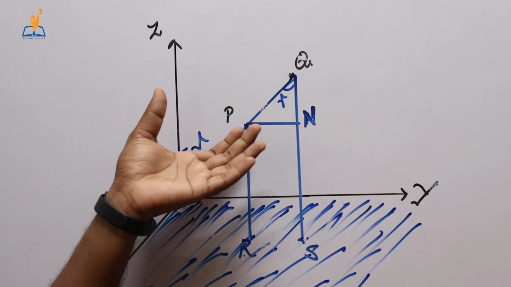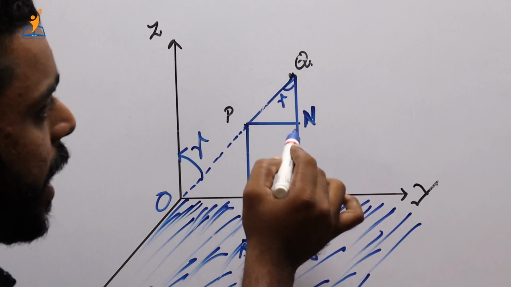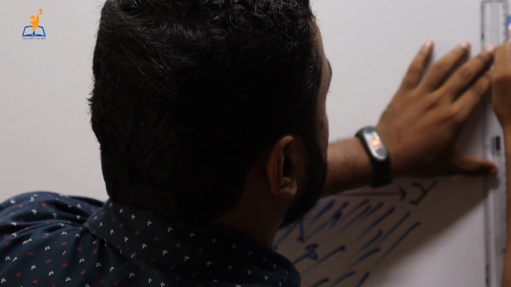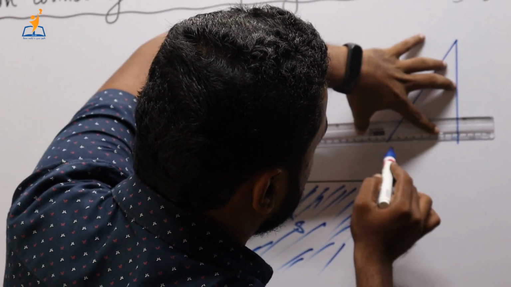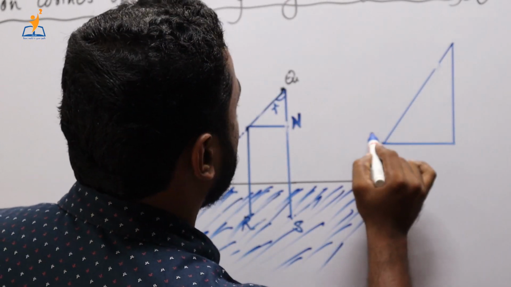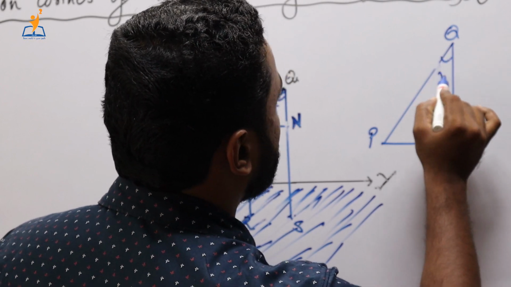Now let us elaborate for convenience. Let me just draw this triangle into a bigger picture. So just observe this: P, Q, N, and this angle is gamma.